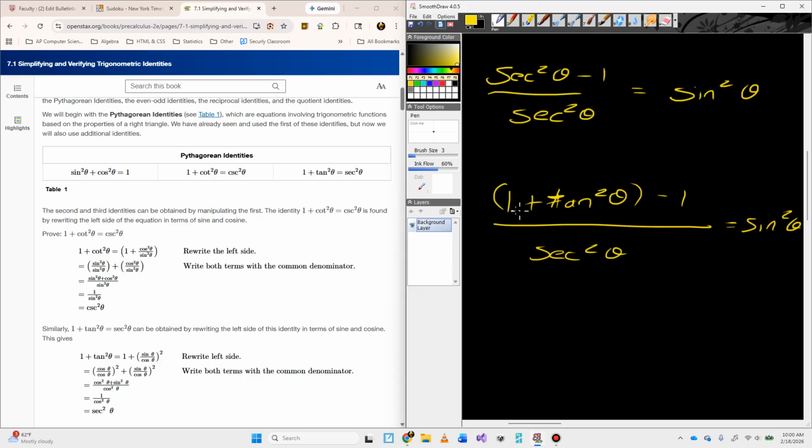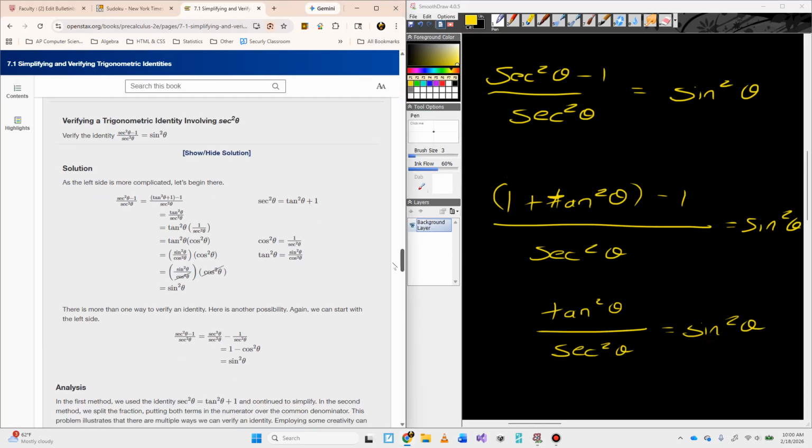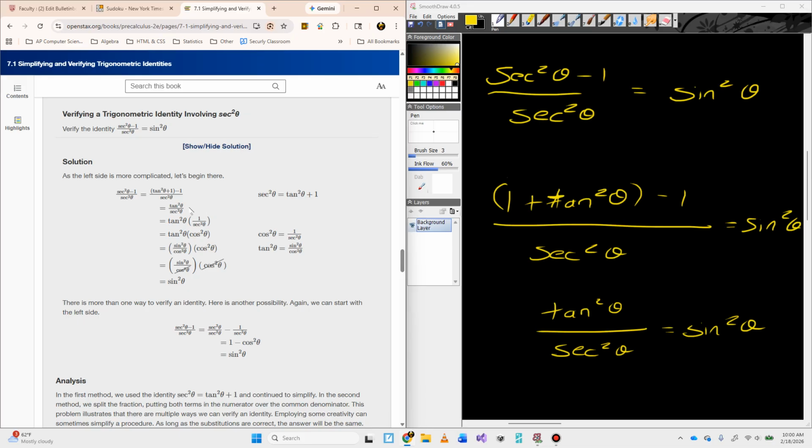Well, this 1 will subtract from that 1, and I will be left with tan squared theta over secant squared theta equals sine squared theta. Going back to the example that's down here, we can see that that's exactly what they wrote.